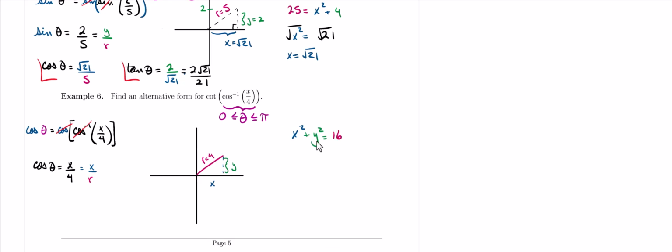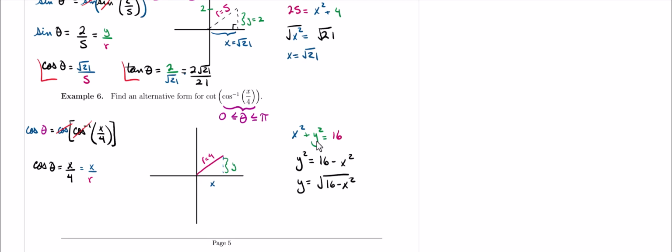Alright, so isolating the y, we have here that y squared is equal to 16 minus x squared, taking the square root of both sides. And again, whenever you take the square root, you have to include the plus or minus, but in this case, because we know we're in the first quadrant, then y is equal to the square root of 16 minus x squared.